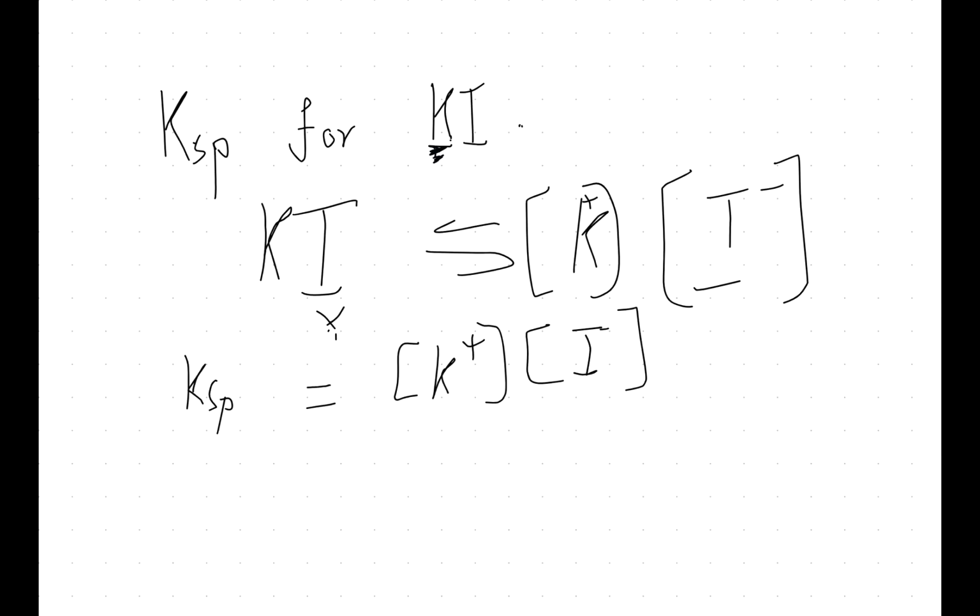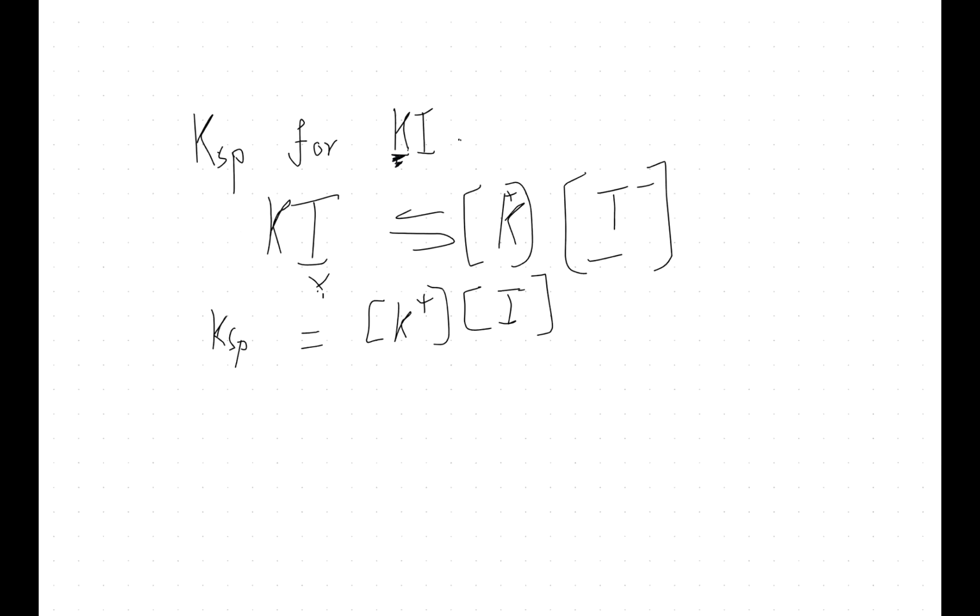What if I ask you to find the concentration of potassium iodide, or what if the concentration is given and I ask you about the solubility product? What do we need to do first before we start writing this? There is a step that we have to do before.